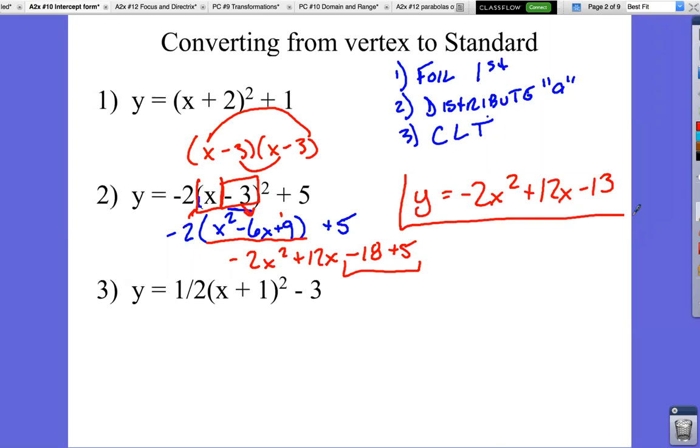Now, that's it for number 2. Number 3, it's no more difficult, but I did put a fraction there. So take a second and see if you can FOIL it out and deal with that.